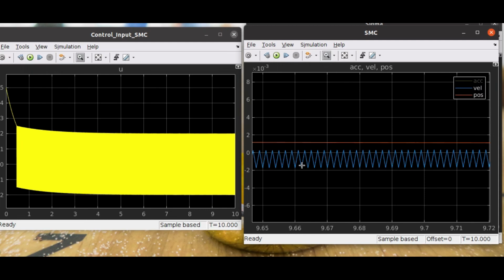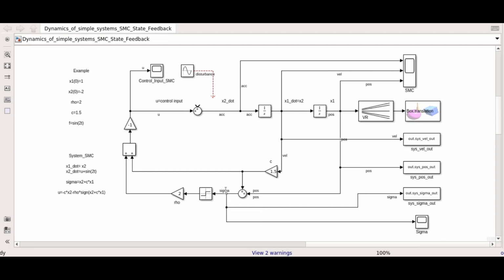Thus, the body will gain a velocity of, say, minus some value. Again, sigma is the sum of that negative velocity and positive position, assuming that the position was positive and tending to go to 0.